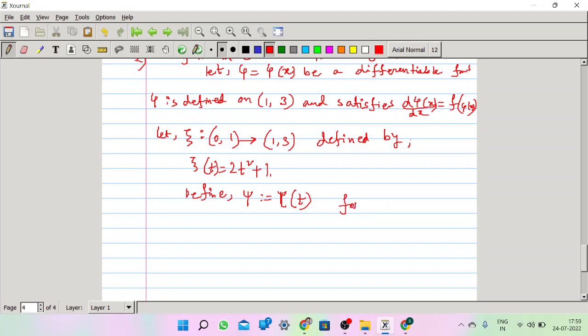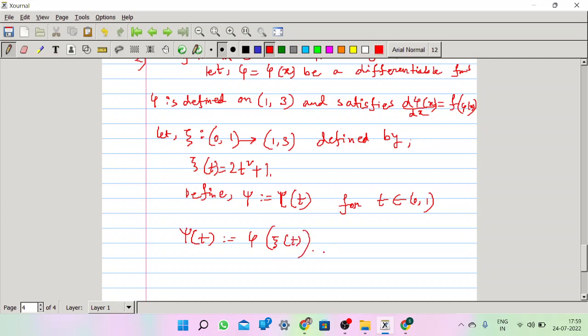So for t in the open interval 0 comma 1, psi of t equals phi composition with xi of t.